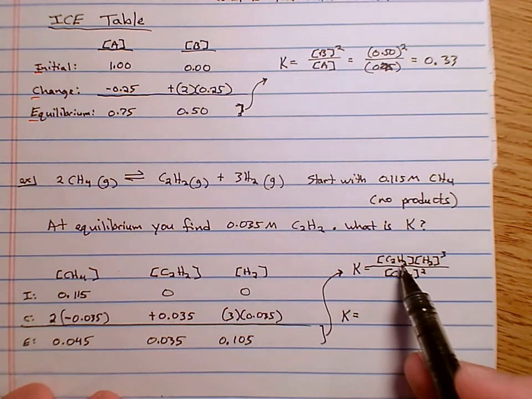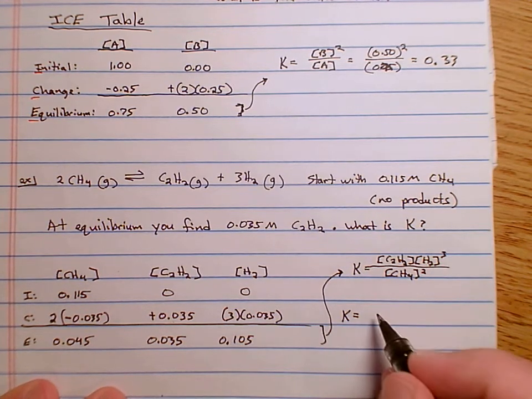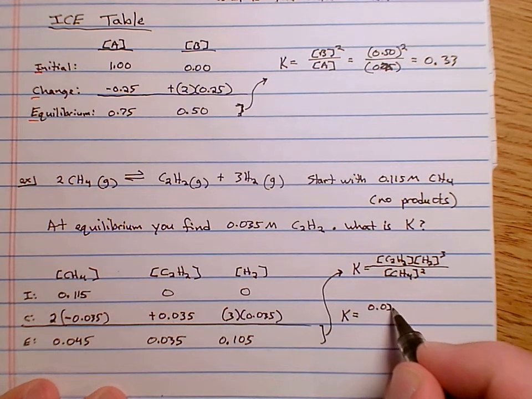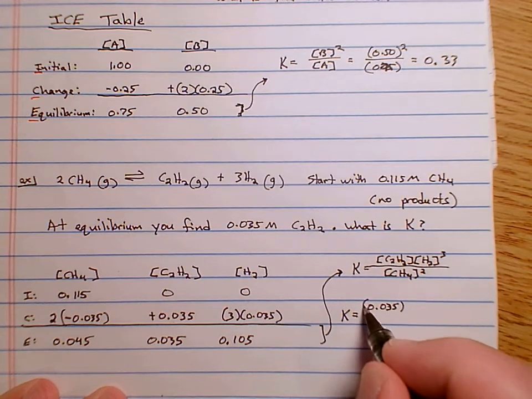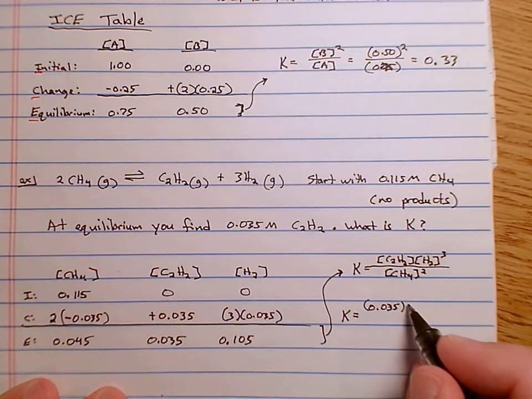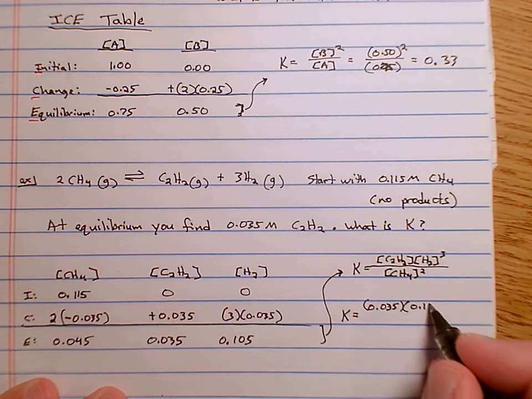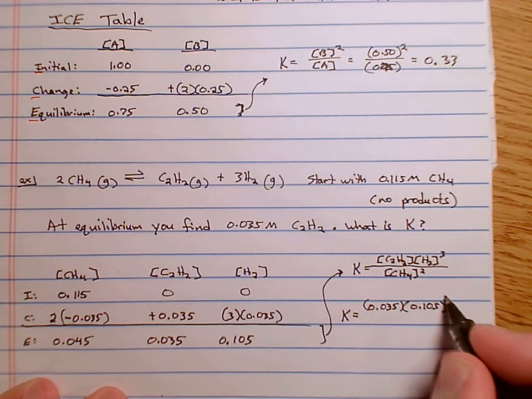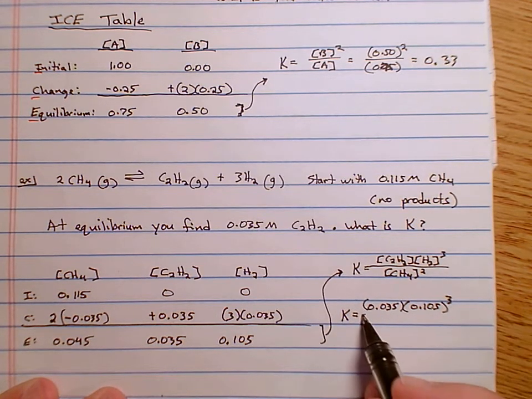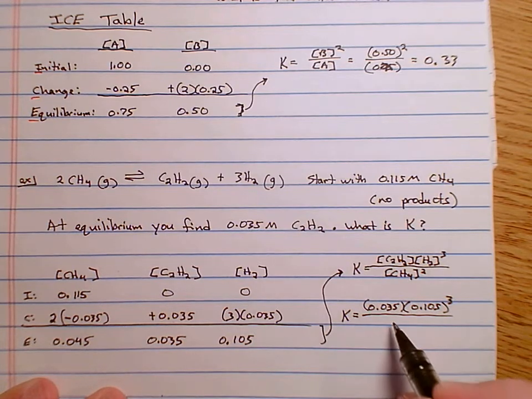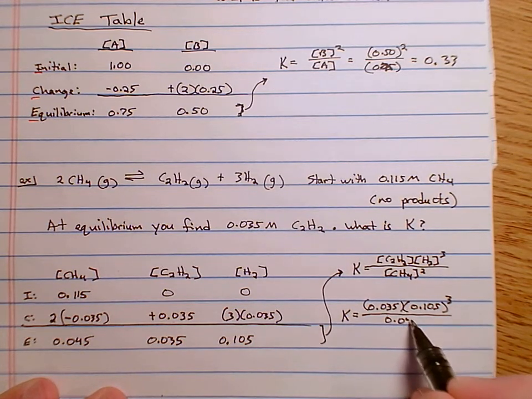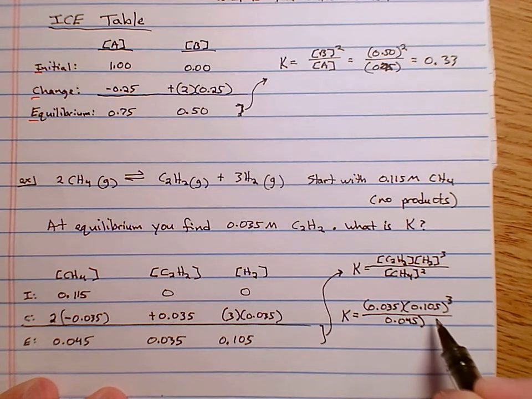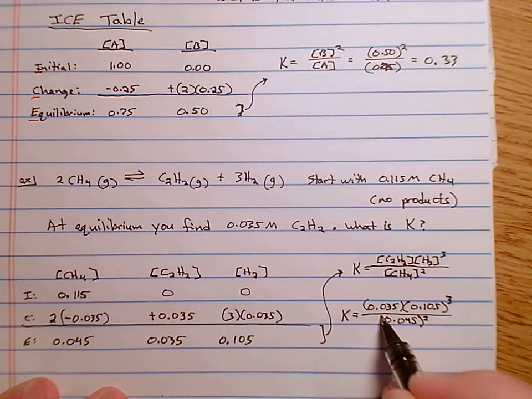K equals our concentration of acetylene, 0.035, times our concentration of H2, 0.105 cubed, divided by 0.045 squared.